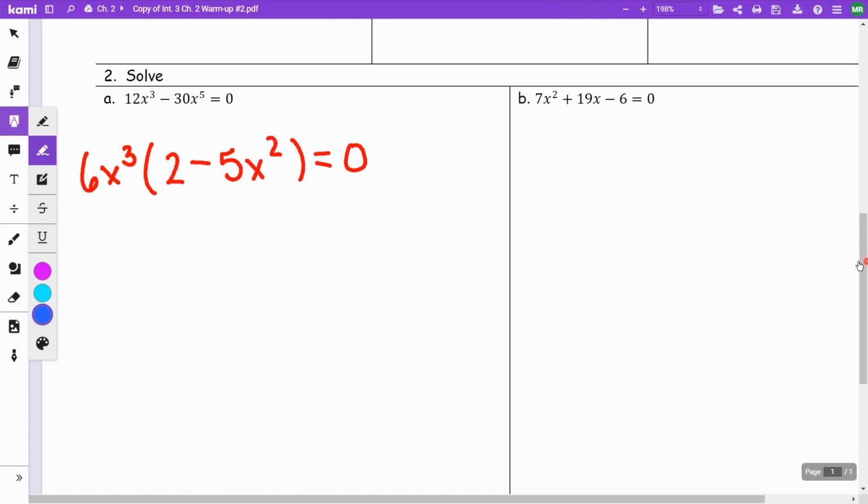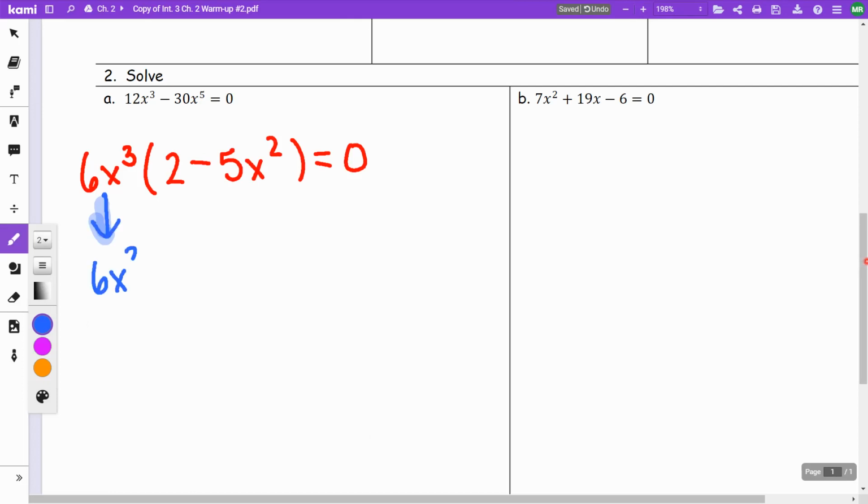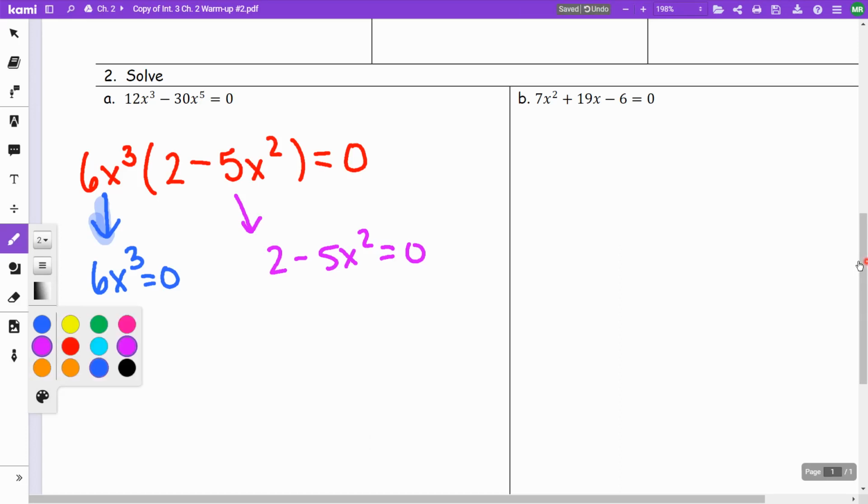So when I'm going to solve this, I am going to take 6x cubed, set it equal to 0. I am going to take 2 minus 5x squared, set that equal to 0. And when I solve this, I'm going to get x cubed is equal to 0. And when I take the cube root of 0, I get 0.